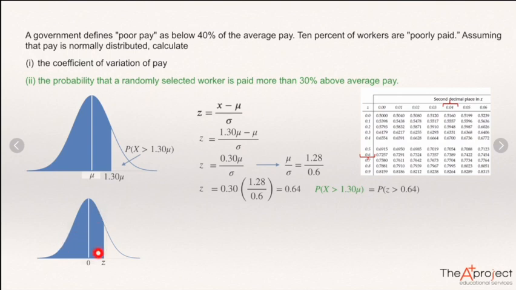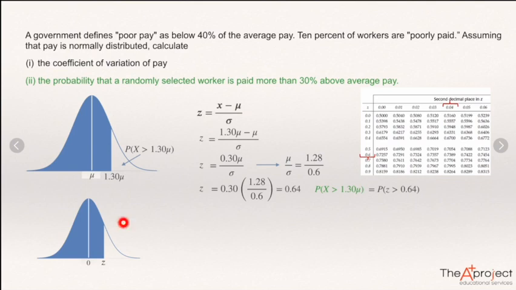This value will be this area here that I show you with the cursor of my mouse. This blue area, because remember, this table is giving you the area to the left of z. There are some tables that give you only the area from z to 0, from z to the mean. But in our case, we have a table that has all the area to the left of z. Okay, let's use this number, z 0.64.